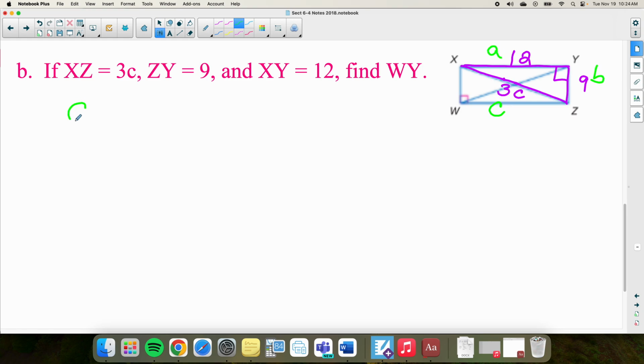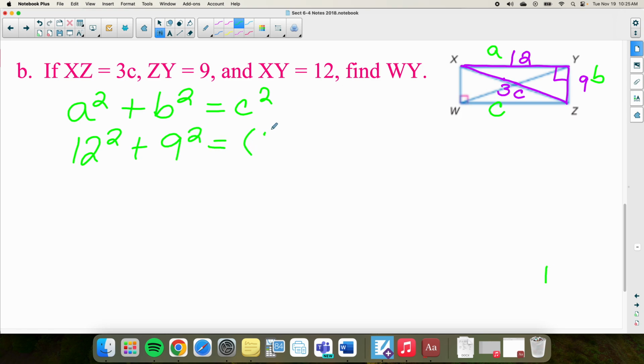So if I write down A squared plus B squared equals C squared, we put 12 in for A and I have to square that. We put 9 in for B and I have to square that. And then C is actually 3C squared, okay? 12 squared is 144. 9 squared is 81.